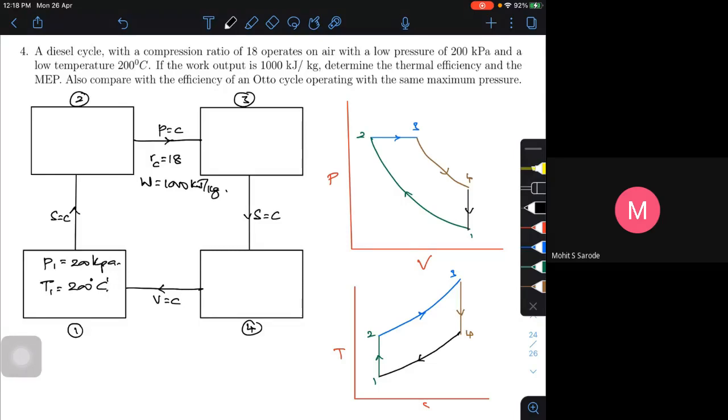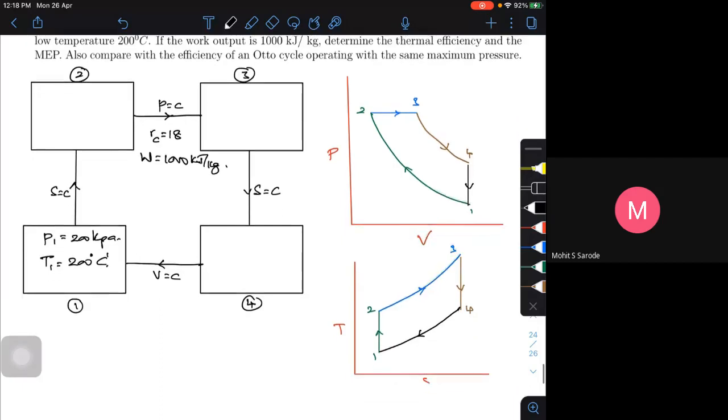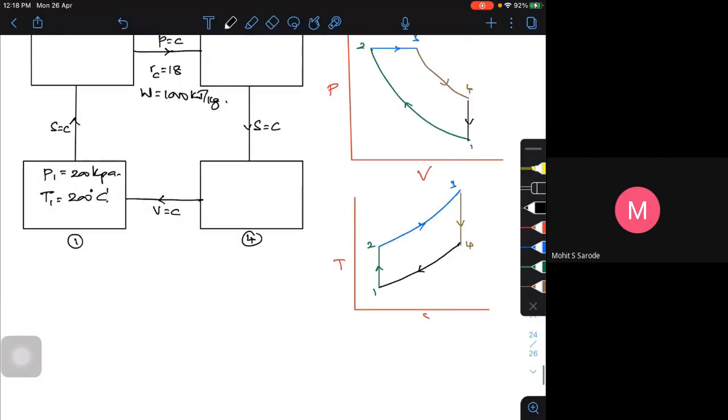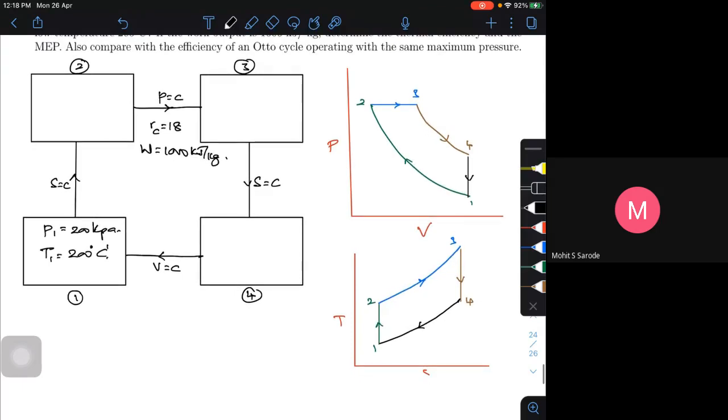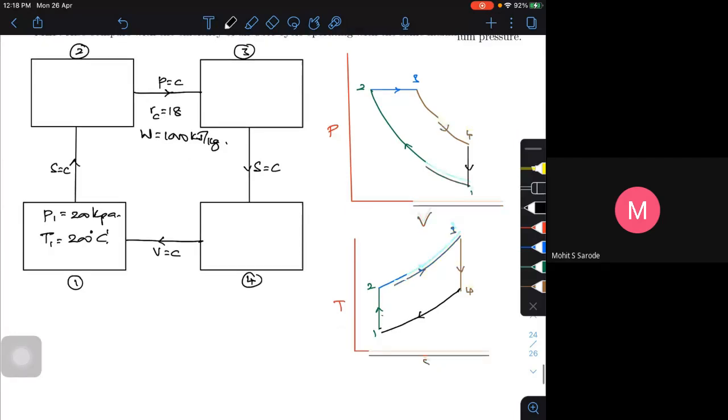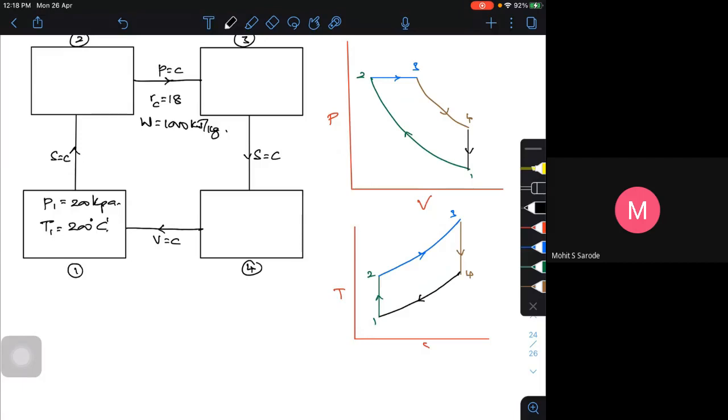Now one by one we have to solve it. The first and foremost thing is to know what this R is. RC is 18. What is your work done? Work done is nothing but heat supplied minus heat rejected.